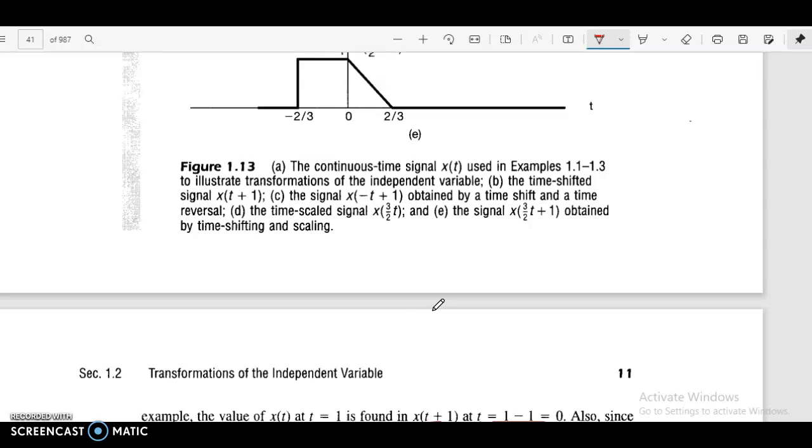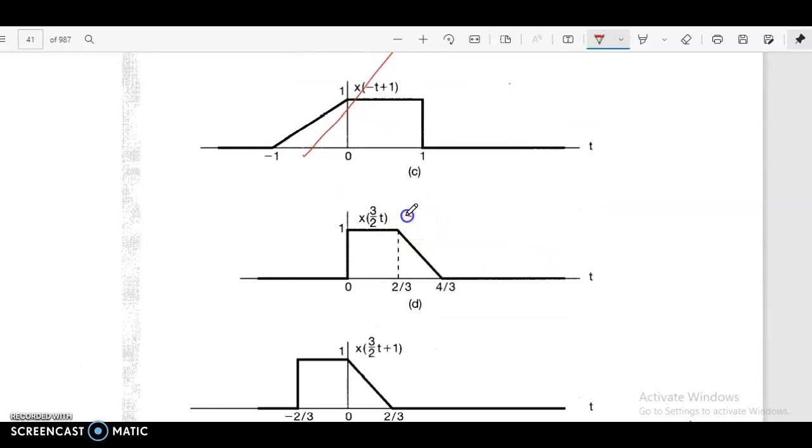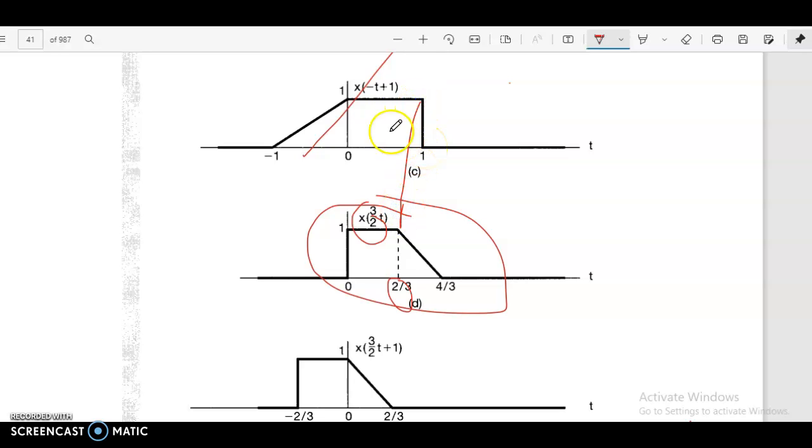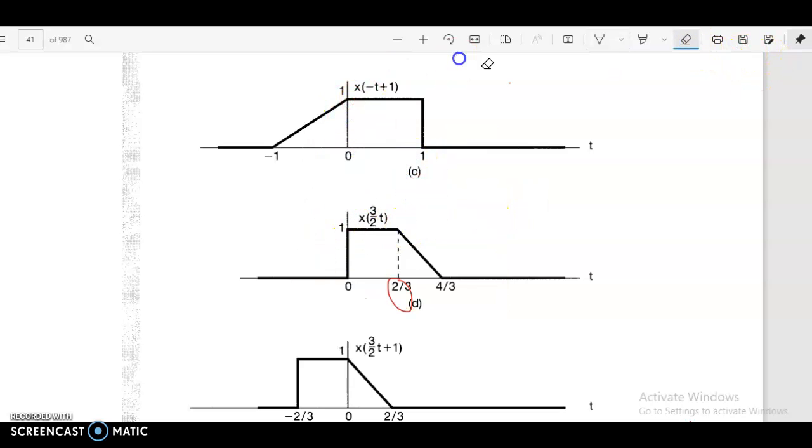D, the time scaled signal x of 3 by 2 t. This is the time scaled, 2 by 3, 4 by 3.